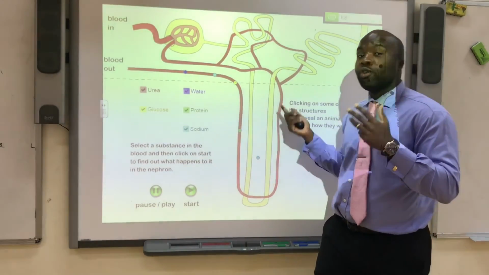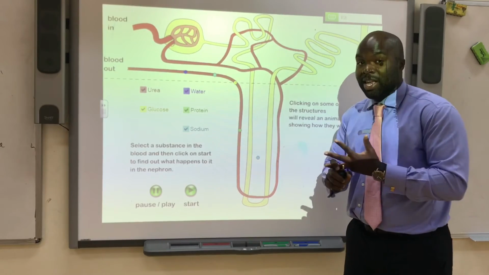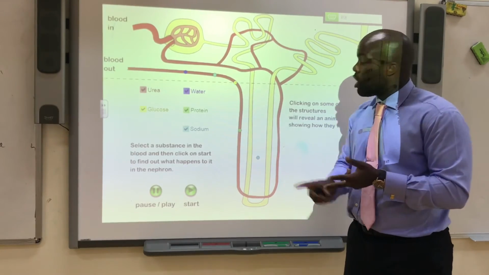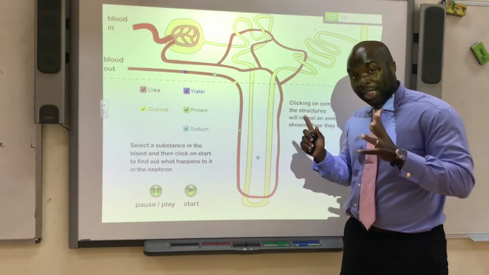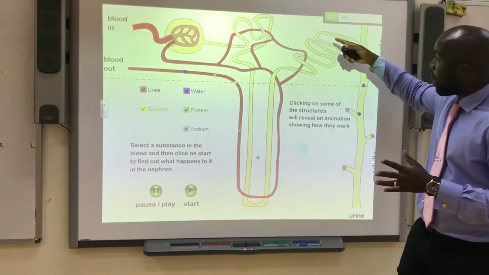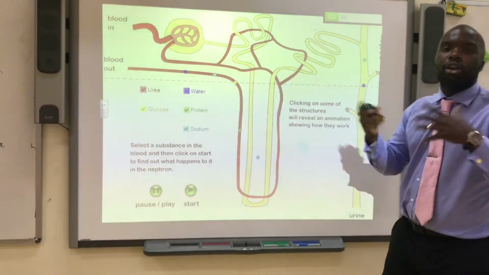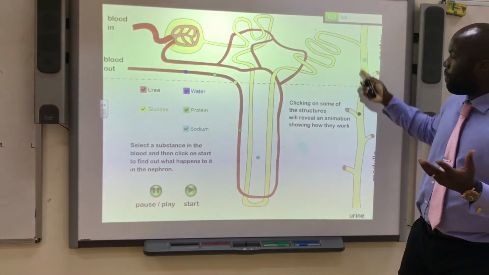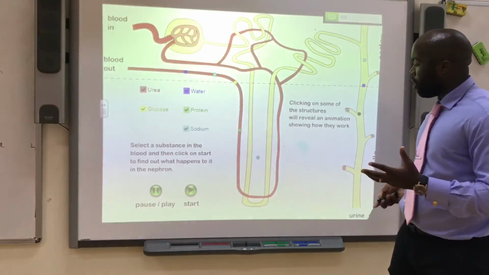Glucose is reabsorbed, but so is any water that is needed and any ions that are needed. The only thing that stays in the tubules are urea and any excess. So when there's too much water or ions, they pass out of the body in the urine, and the kidneys pass this now filtered content from the blood down to the bladder.